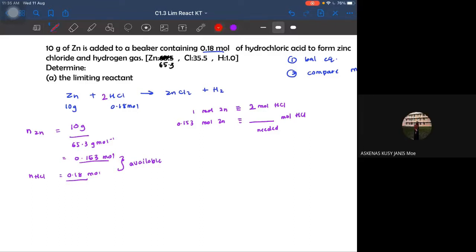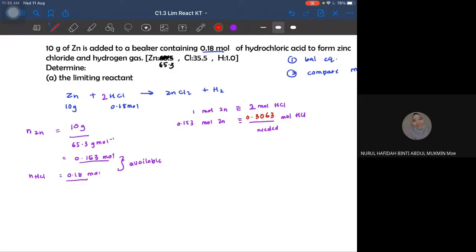Darab silang. So 0.1531 darab 2, kamu akan dapat 0.3062. Okay, so dia bergantung dengan mol yang kamu kira before dekat step yang pertama tu.